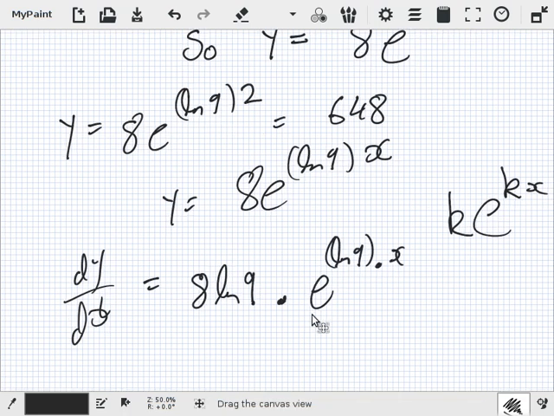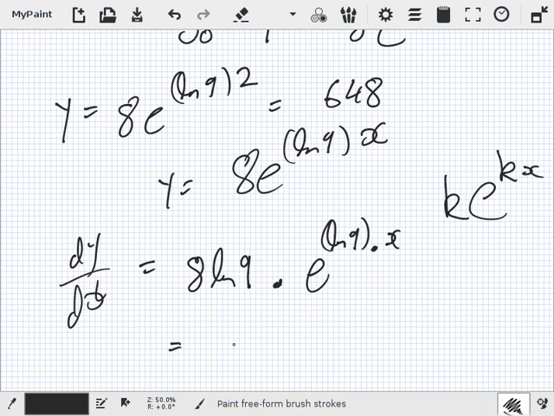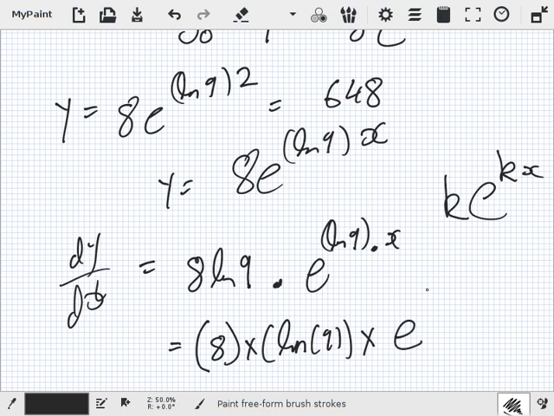And what did I say the x is here? 1.4. So on the calculator, you'll need to type this in. I'll write it how you should type it. 8 times log 9 times e power log 9 times 1.4.